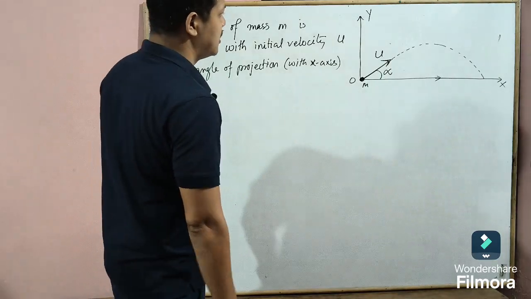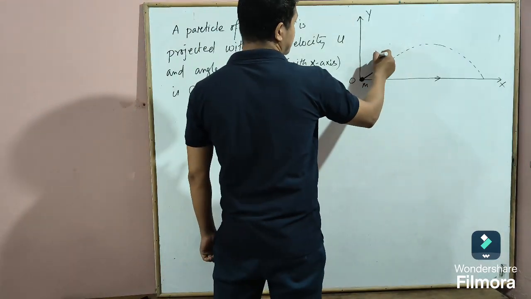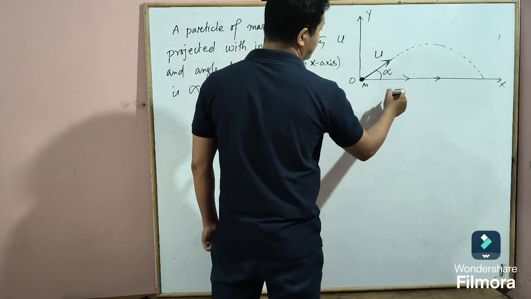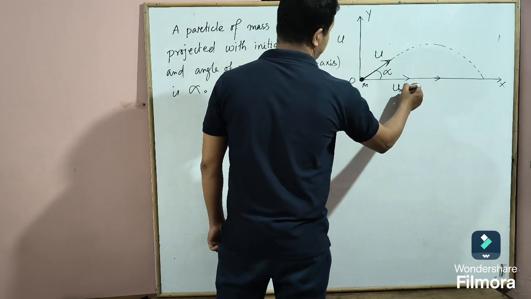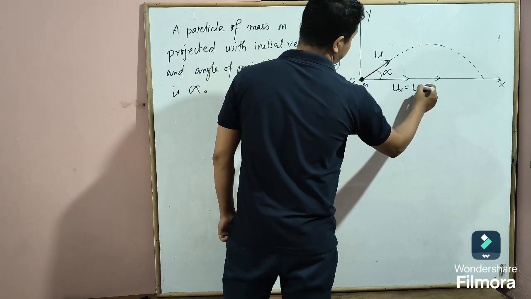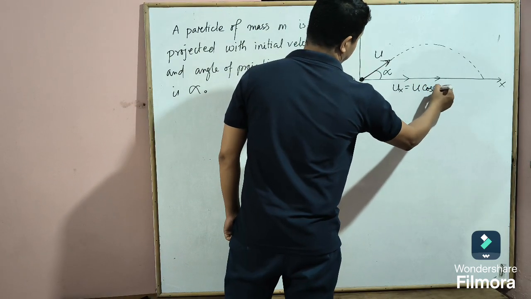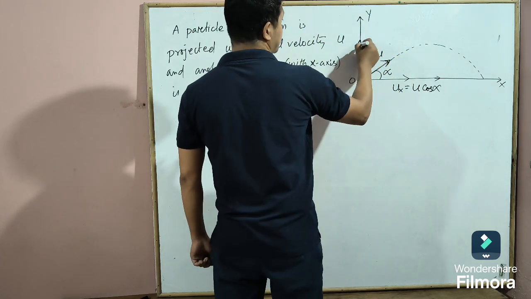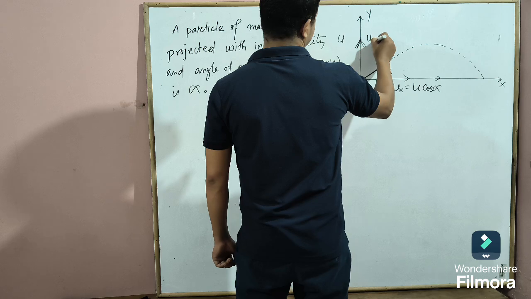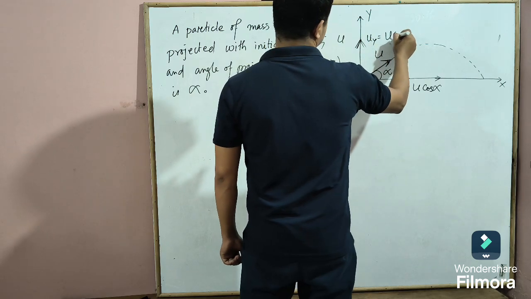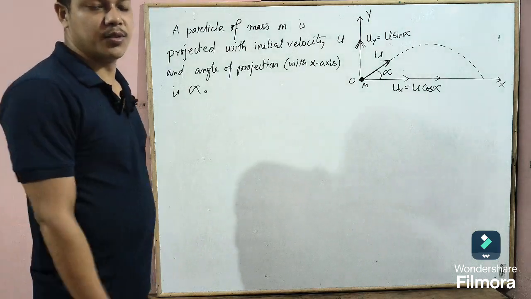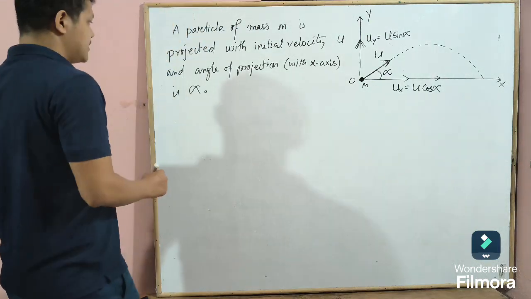Now see, this velocity must have two components. One is the x component, ux, which, if this angle is alpha, must be u cos alpha, and the y component, uy, which is u sine alpha. Hope you have understood this.